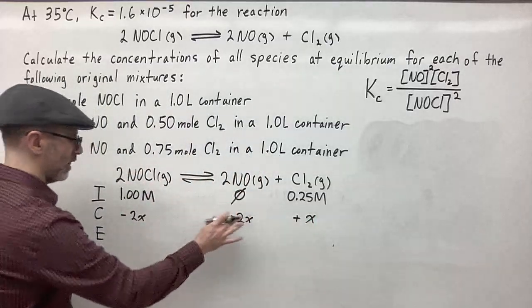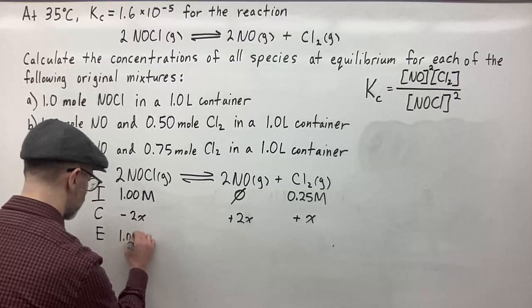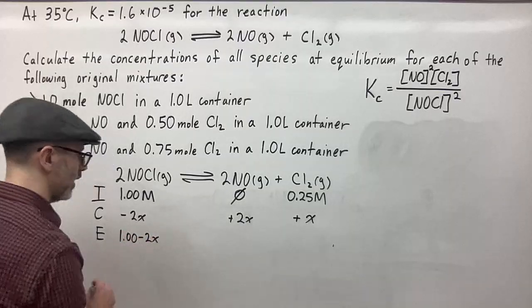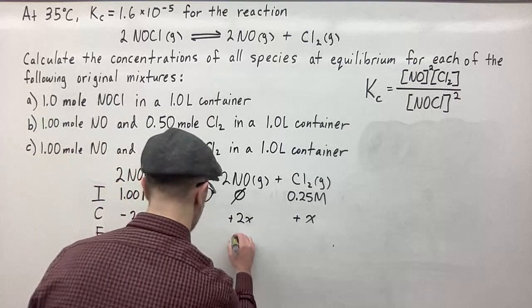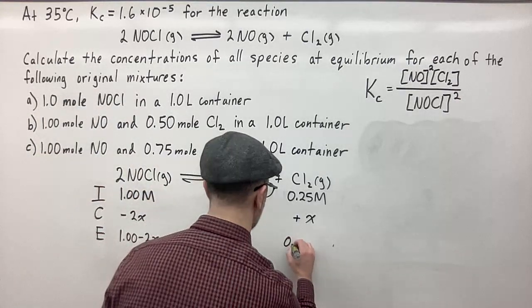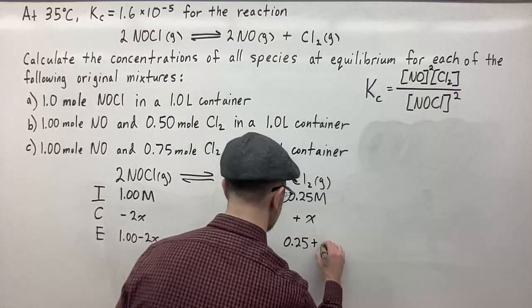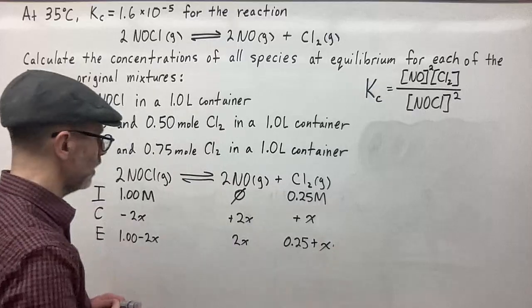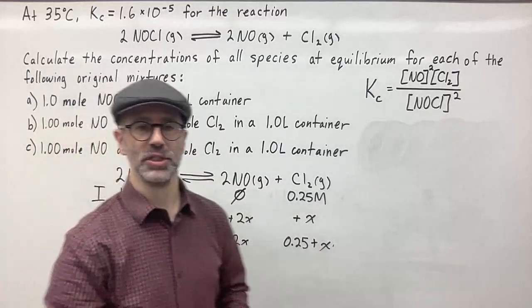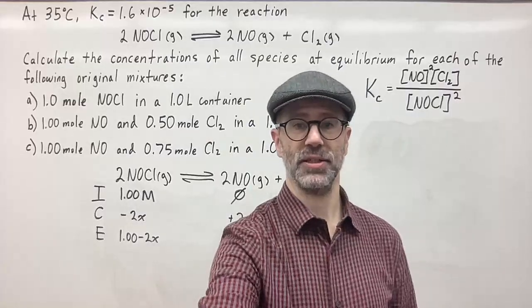Now I just add them together to get the equilibrium expression. So I get 1.00 minus 2x, this is going to be 2x, and this is going to be 0.25 plus x. And so now I have my equilibrium concentrations in terms of x.